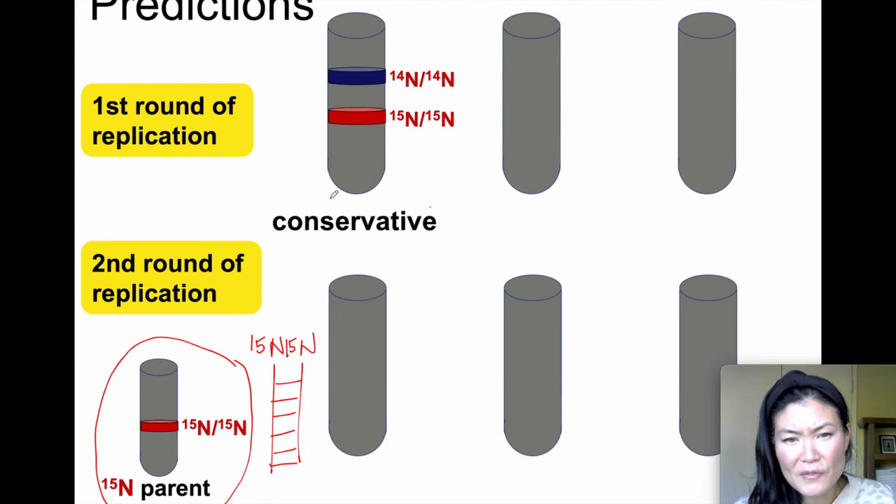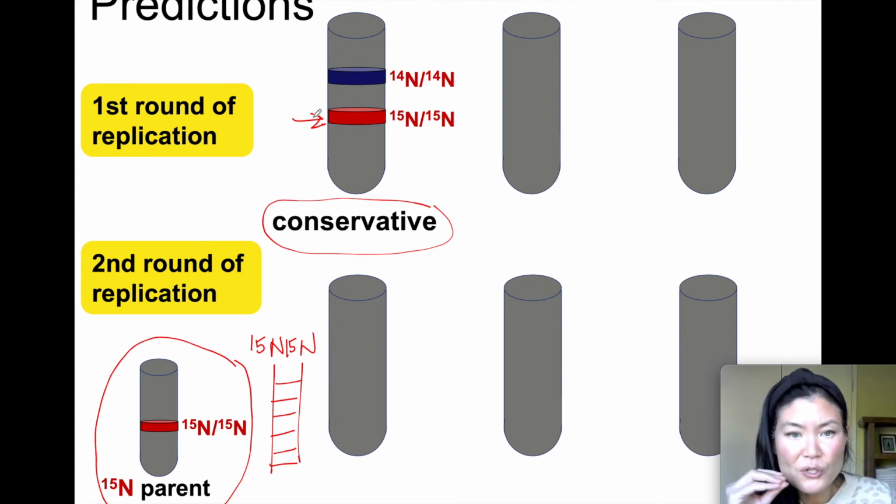Remember, the conservative model states that the old strands of DNA are conserved and act as templates for new strands, but then the old strands come back together. That's that one right there. And then that's the daughter DNA, the new DNA, which contains only nitrogen 14.